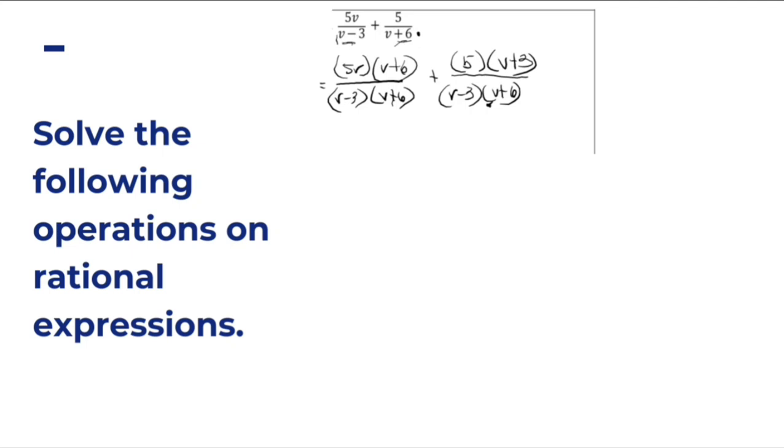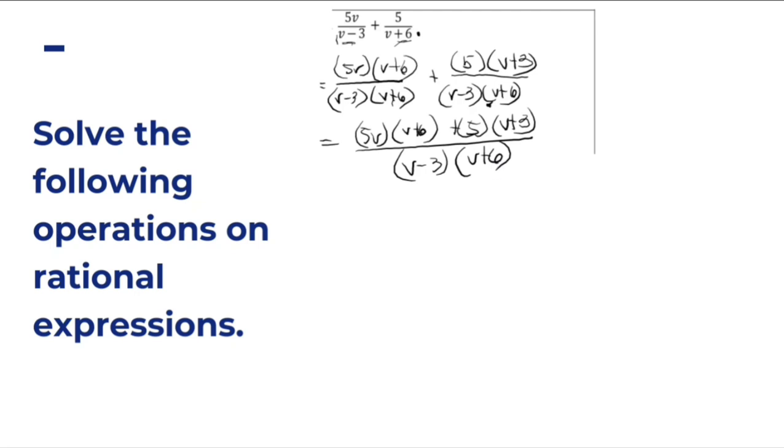So, this will be equal to the addition of your numerators. So, that's 5v times v plus 6 plus 5 times v minus 3 all over your LCD, v minus 3 times v plus 6.